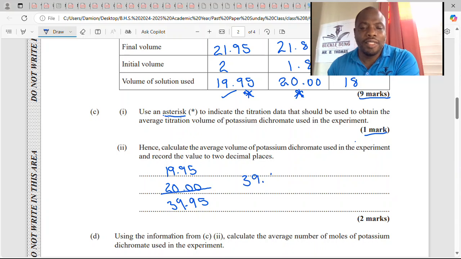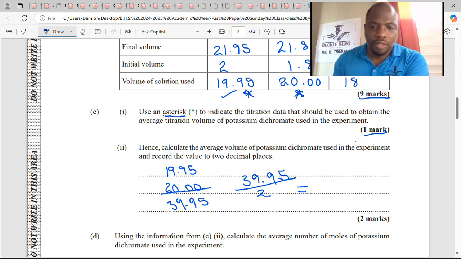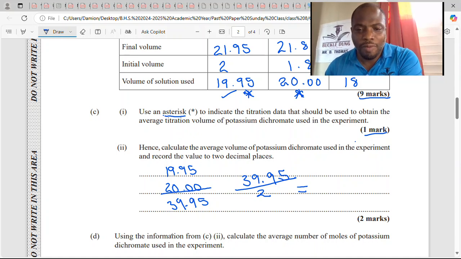Divide that by 2. And so we should end up with 19.9776, rounding off to 19.98.